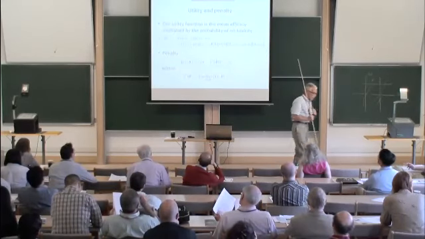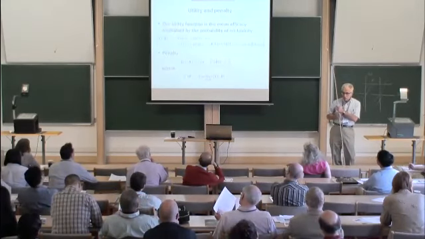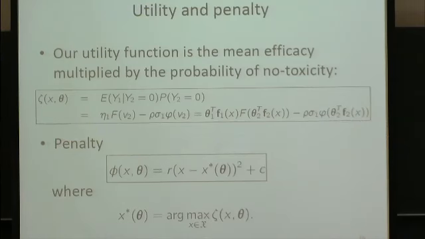Now we have to define utility. And just to be a little bit more innovative, we decided to introduce a utility which was not considered before. How do we define it? Utility is mean efficacy.